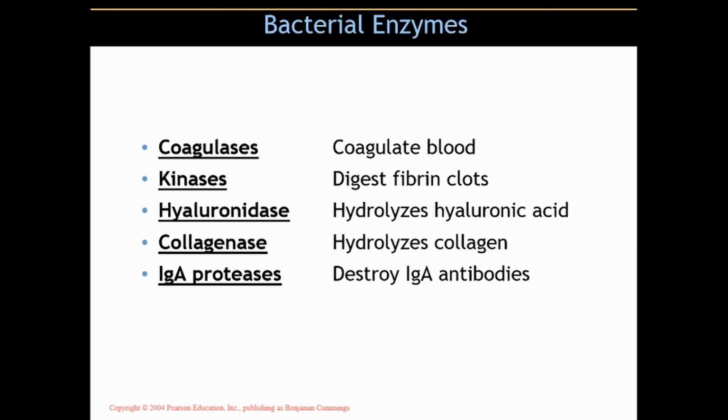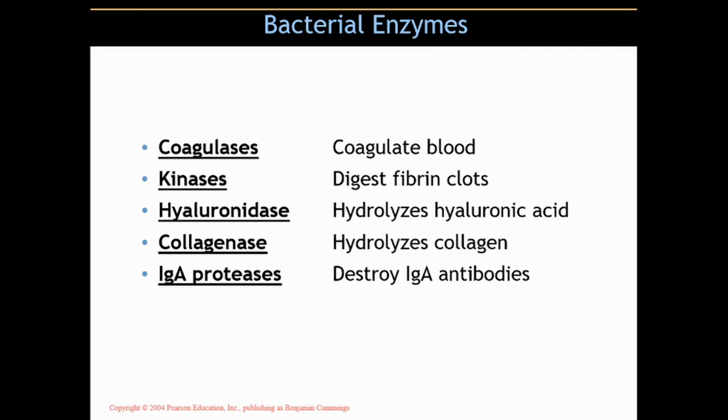Some enzymes that they produce: coagulases will lead to the coagulation of blood, and many bacteria are classified as coagulase positive and coagulase negative. The ability to coagulate blood, you say, what's the benefit of that? Well, within the blood clot, the bacteria can multiply and divide, and so they have these enzymes that can do that.